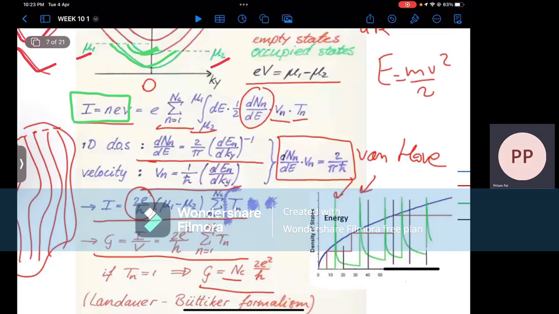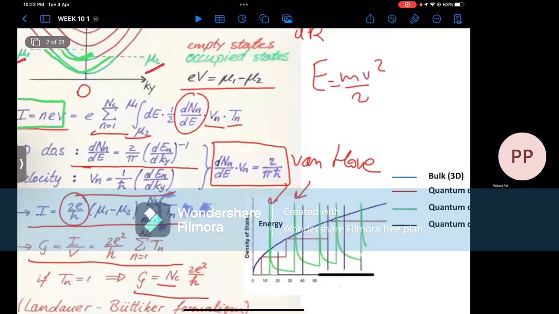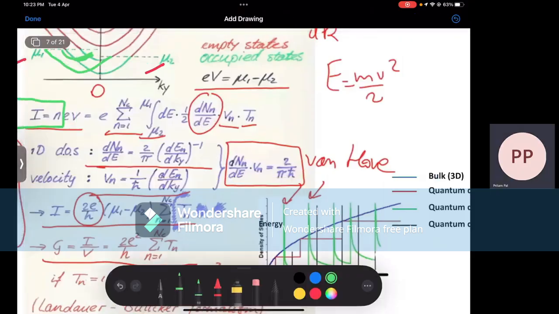It's a divergent function with van Hove singularities, or VHS. These are the van Hove singularities, where the density of states diverges.